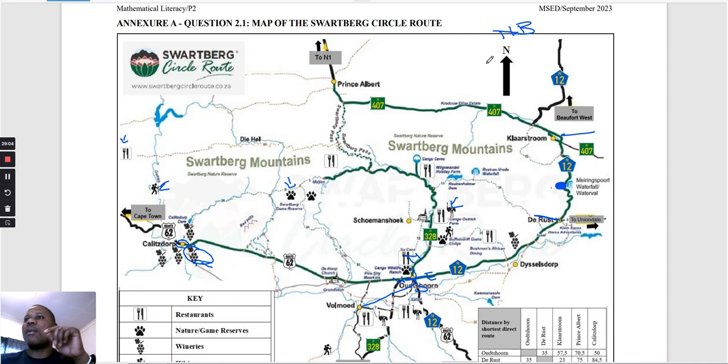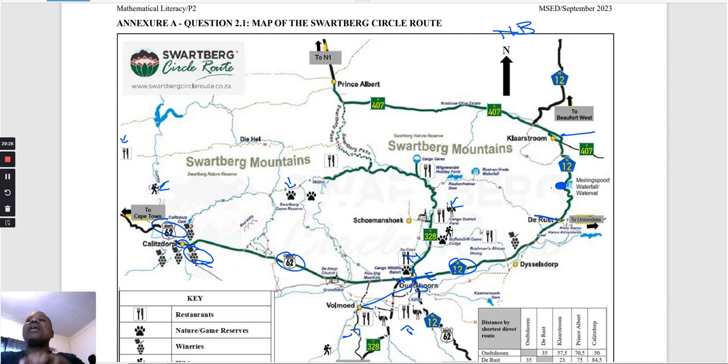The south, remember where is the south? The south is on the bottom. It means that we're going to look at the bottom of route 62 and the south of N12. So how many restaurants are below this road? I can see 1 here, I can see 2 here.